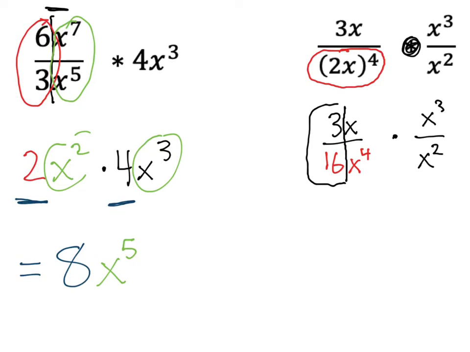But there is no common factor of 3 and 16 other than 1, so we'll just leave that as 3 over 16. We have a common base, x on top, divided by x to the 4th on the bottom. Remember that this x is like x to the power of 1. If we subtract the exponents, 4 minus 1 is 3, and x to the power of 3 is on the denominator because the bigger exponent was on the denominator originally.